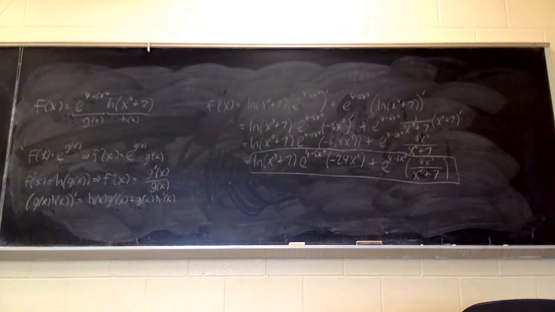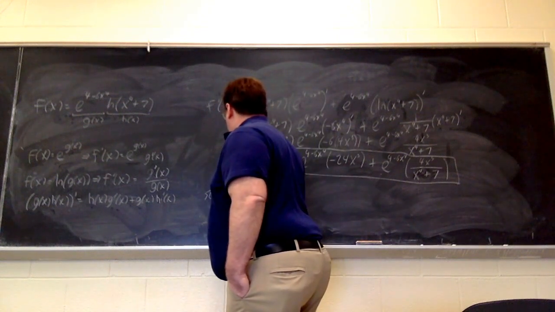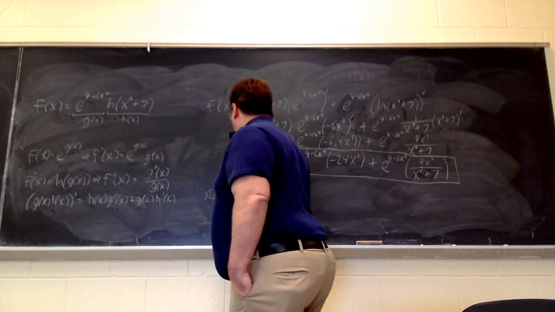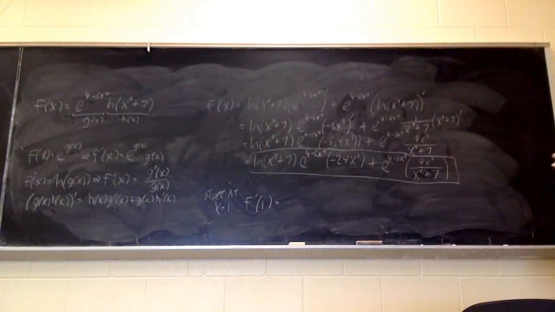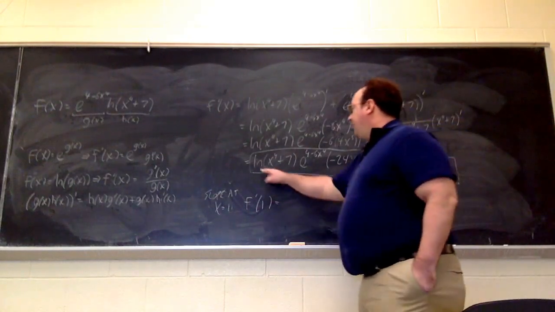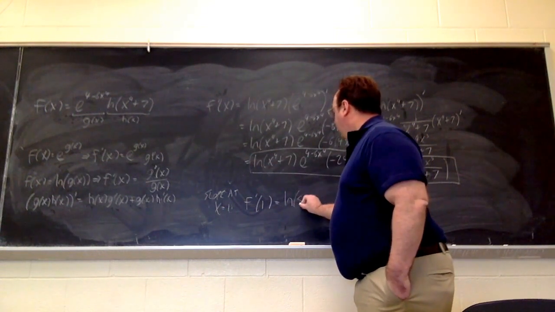It's kind of messy. But now I need the slope at x equals 1, and that is f prime of 1. So all I've got to do now is substitute x equals 1 into this whole derivative. So natural log of 1 to the 4th plus 7, well, that's going to be natural log of 8.